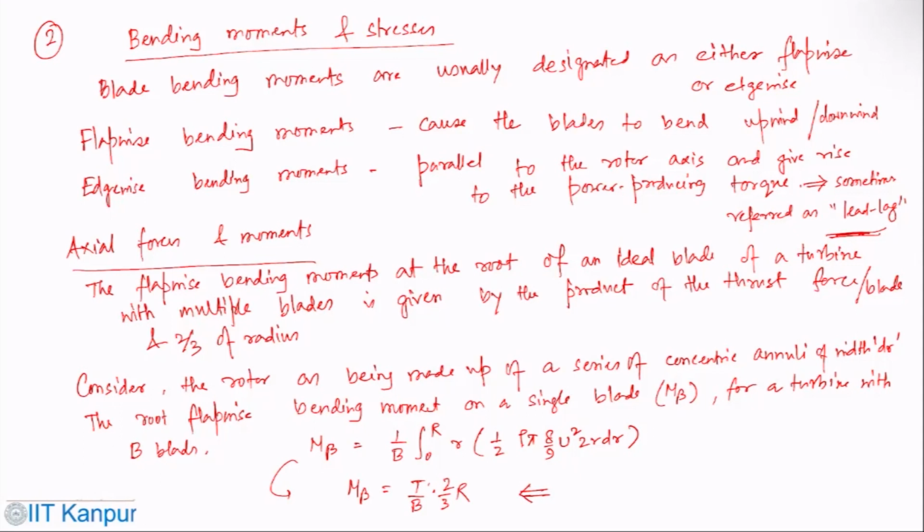If you multiply by B, then the total flapwise bending moment is found.